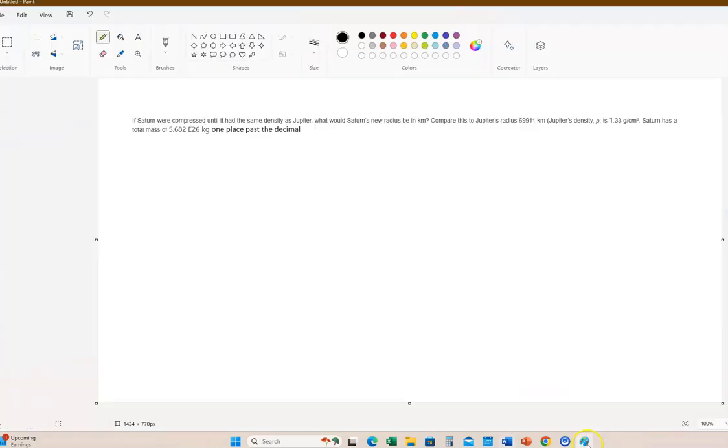All right, so let's go back to this. We know that the volume, and that's right on the sheet, is the mass, in this case the mass of Saturn, divided by the density of Jupiter. The mass of Saturn is given to us as 5.682 times 10 to the 26th.